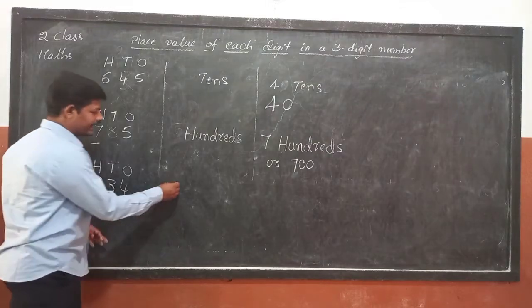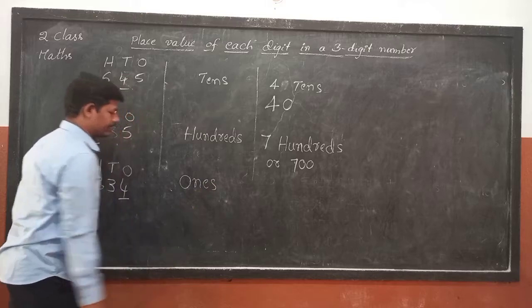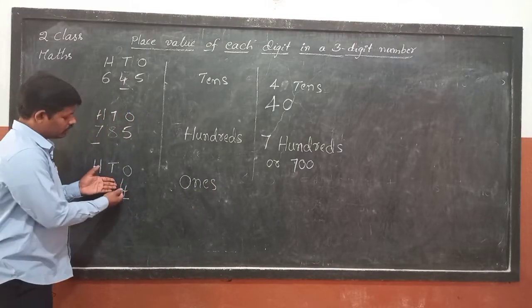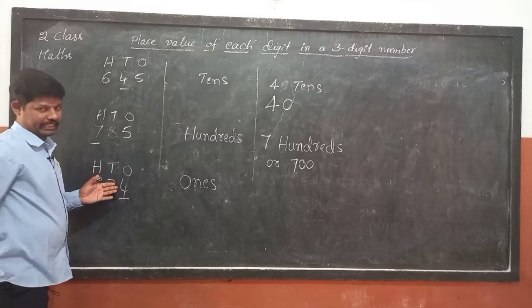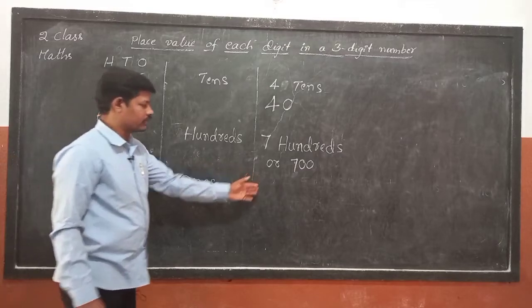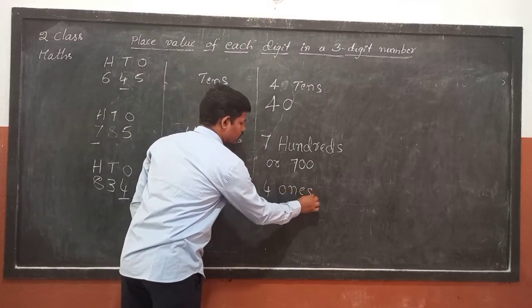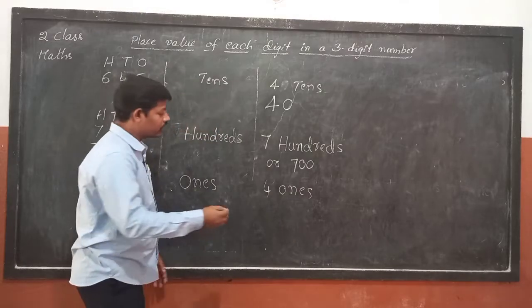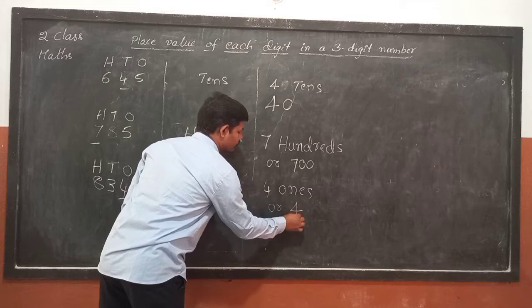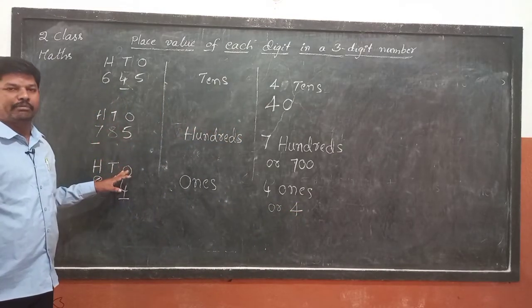So what do we have to write here? Ones, O-N-E-S. How many ones are there? That means the value of the digit. 4 ones are there. 4 ones is nothing but 4 only, or you can write simply 4. So like that we can fill all the numbers.